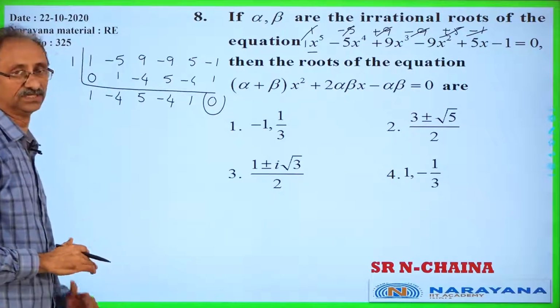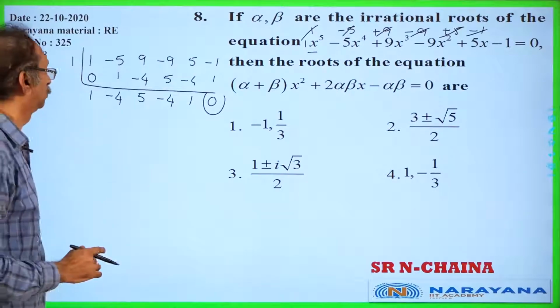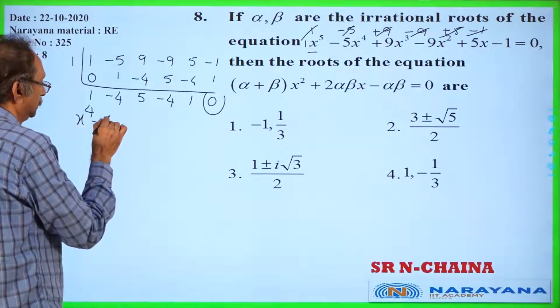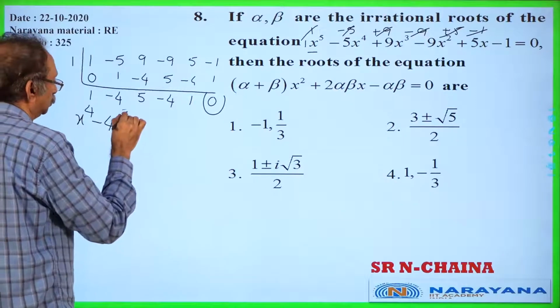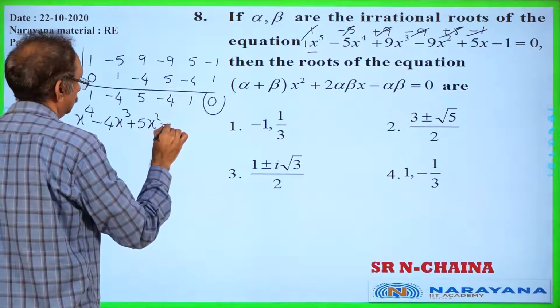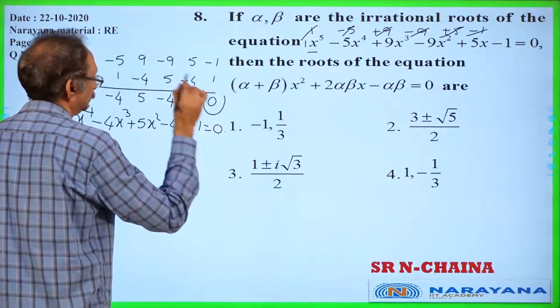Because x minus 1 is a factor, you will get finally 0. Therefore, what is the required fourth degree factor here? 1 into x power 4 minus 4x cube plus 5x square minus 4x plus 1 is equal to 0.